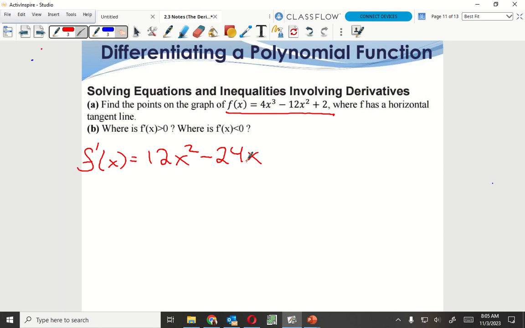All right, so this is the equation of the derivative, which gives me the slope of the tangent, right? A derivative is always slope. So I want to find where this equation here is equal to 0. So let's set it equal to 0. So 0 equals 12x squared minus 24x.